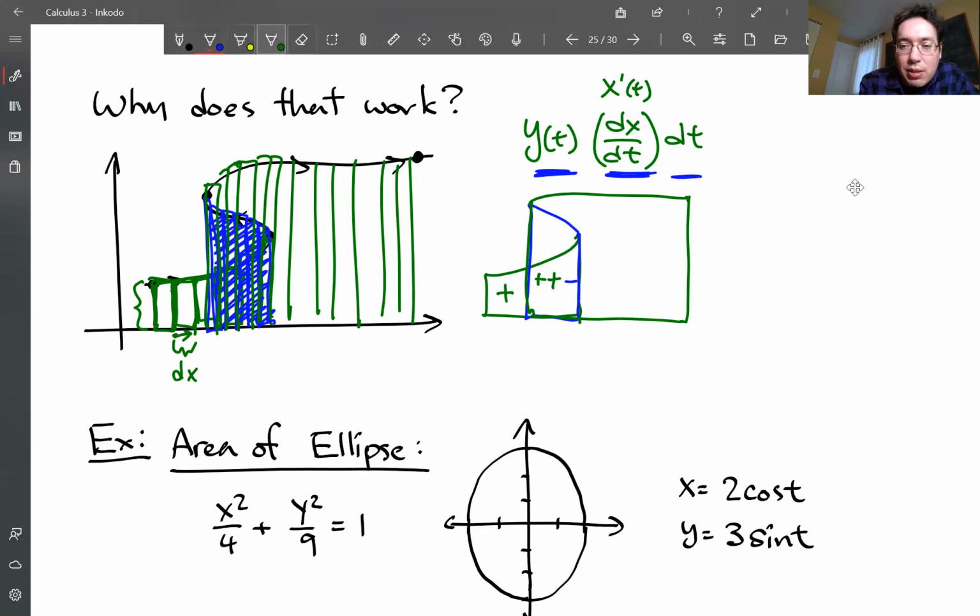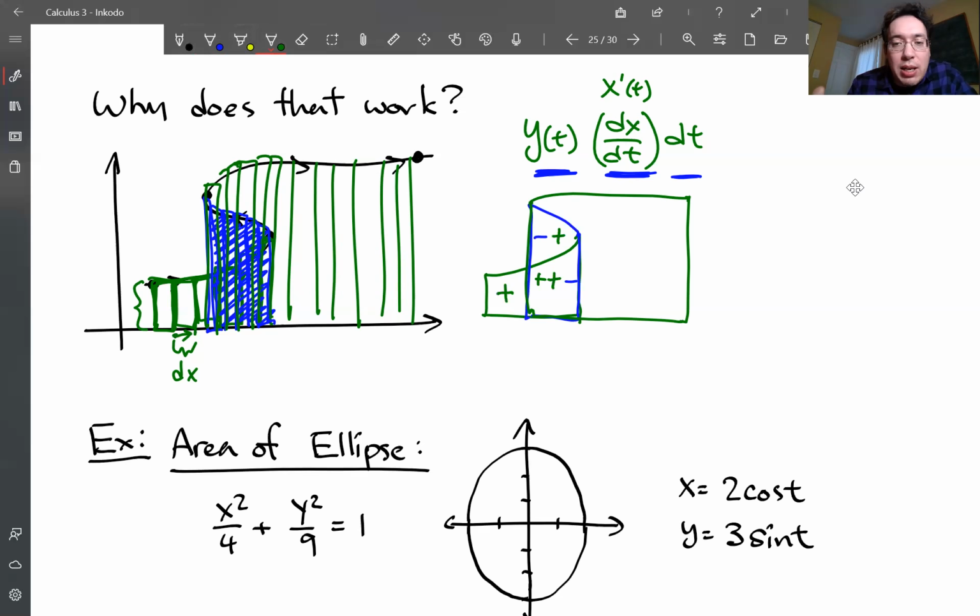In this region, right above it, when it was going to the right the first time, it went underneath, so this area was not counted. But when it went back to the left, it was counted negatively once. And then when it went to the right, it was counted positively again.